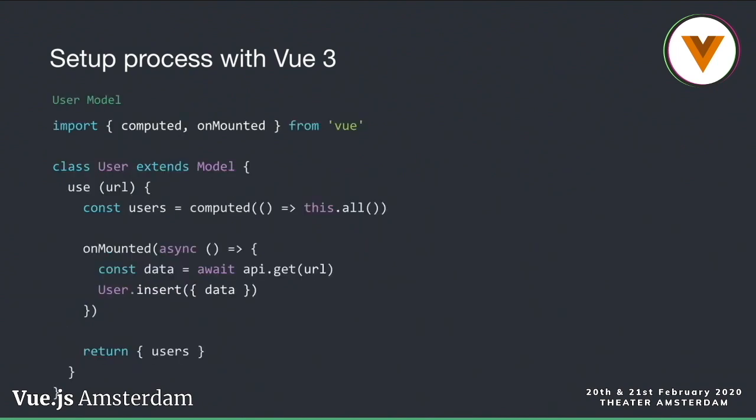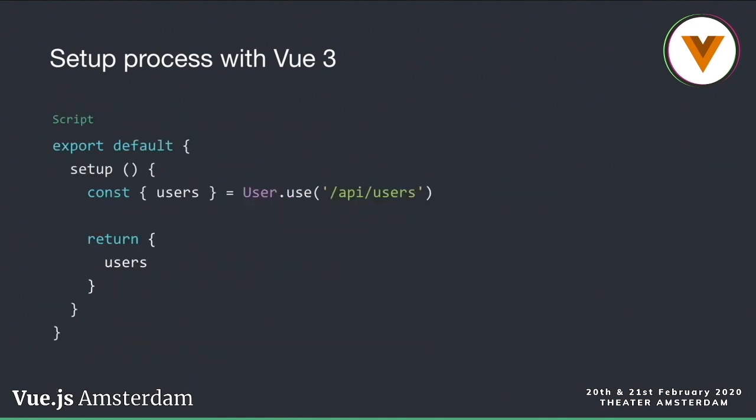So in this case, I'm just defining this use method inside the user model, which does pretty much what it did before, right? So it declares computed, on mounted it's going to fetch data, and it's going to save it and return the users. Obviously, we need more, like error handling or how to handle the pending state and such. But the point is, you can write this stuff outside of the component, and it's still going to work.